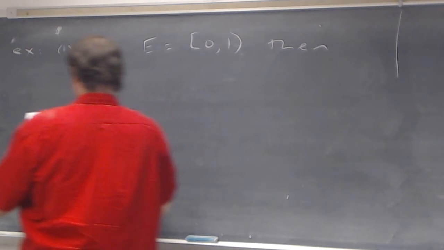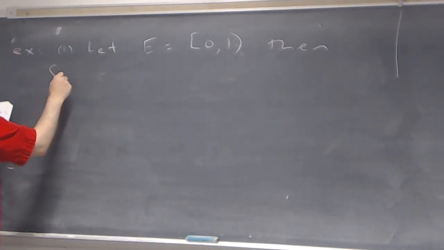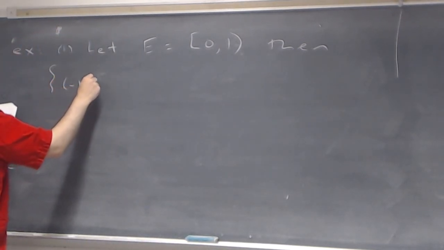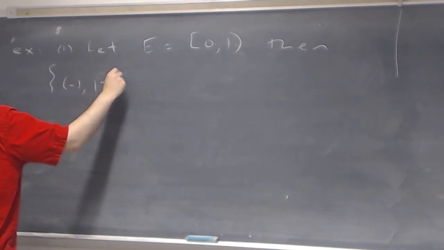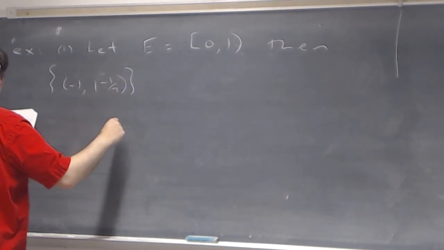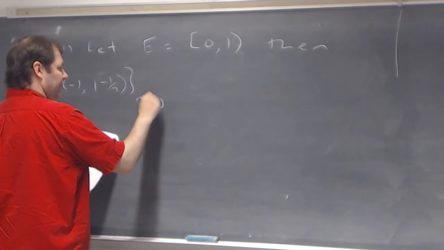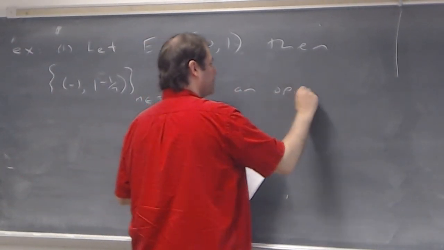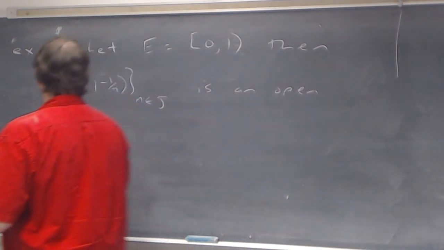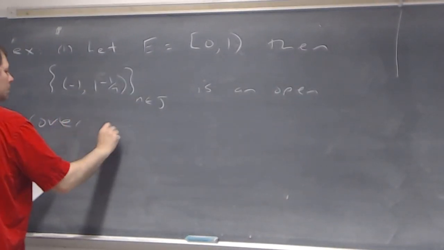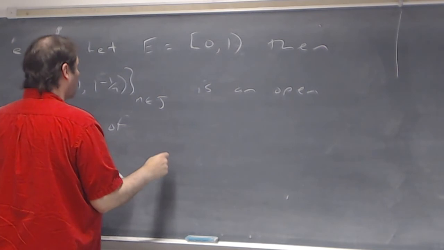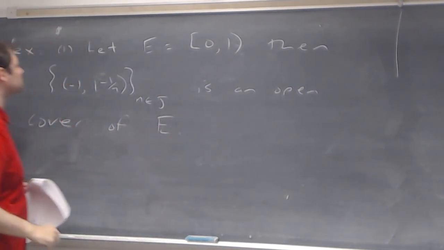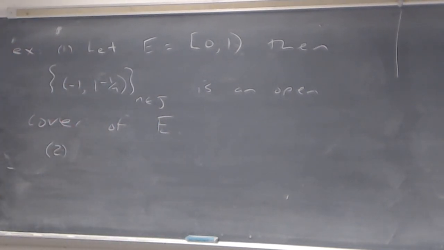Then, if you look at this collection, intervals from -1 to 1 minus 1/n, n an element of the integers, that is an open cover of E. Another example.